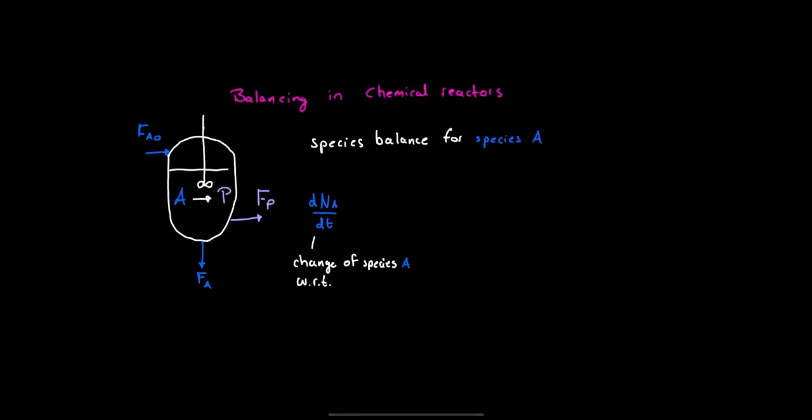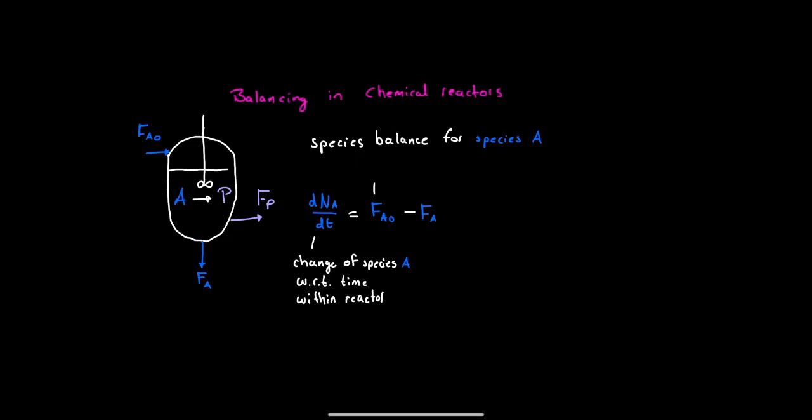With respect to time, within reactor. So this is going to be equal to the molar flow rate of the species A at the inlet, denominated by Fa0, minus the molar flow rate of the species A at the outlet, which is Fa.